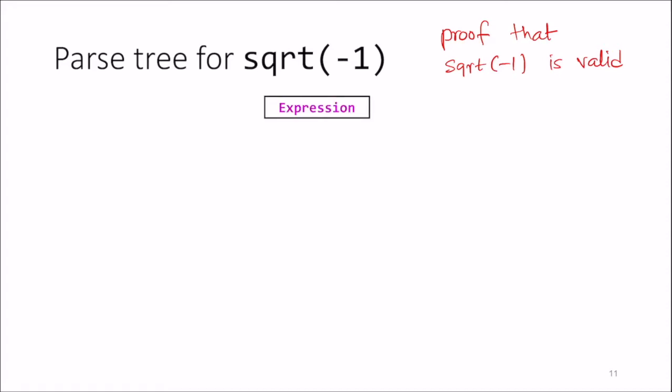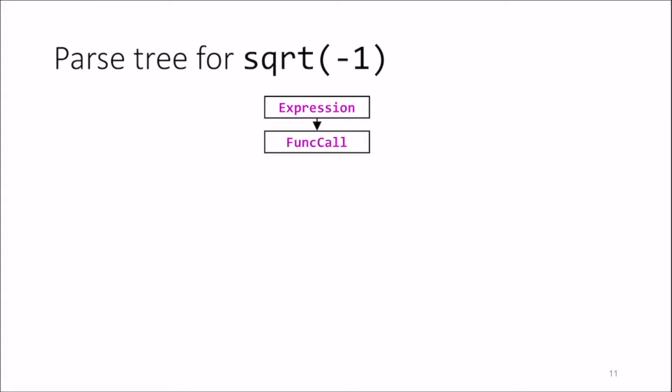first checking, so we know that this square root of -1 is an expression. In fact, it's a very specific kind of expression. It's an expression that is a function call, right? So we know that it's calling this function called square root. Okay, so what do function calls look like? Well, a function call has to have the name of the function it's calling, which is an identifier.